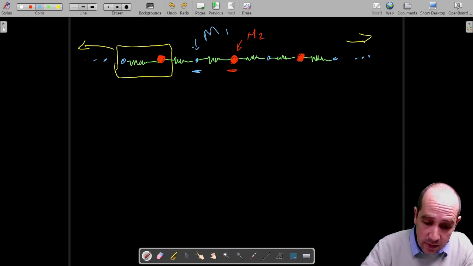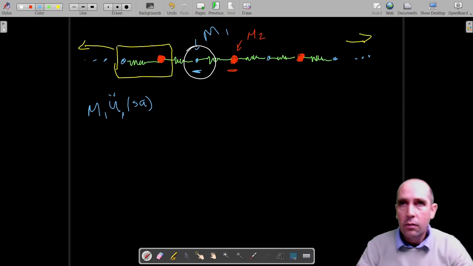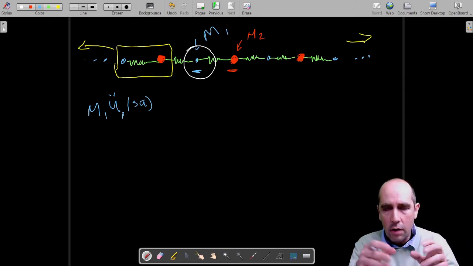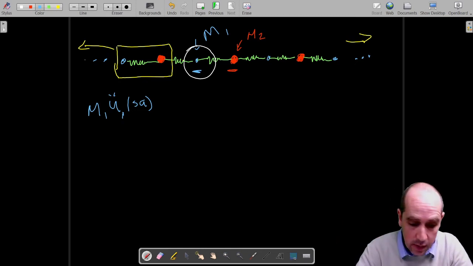So essentially, if we look, for example, at this mass over here, what we will have is that m1 times the second derivative of its position, which we will denote as u1 of sa, where s is an integer number that just refers to the lattice site, and a is the lattice constant.